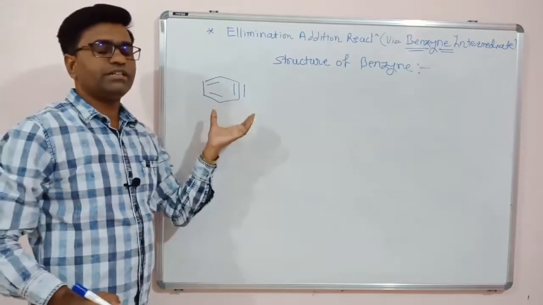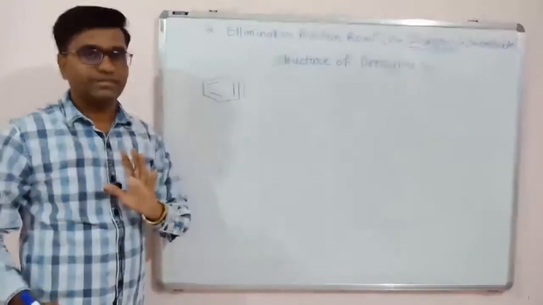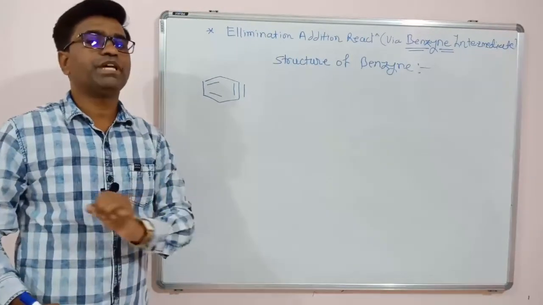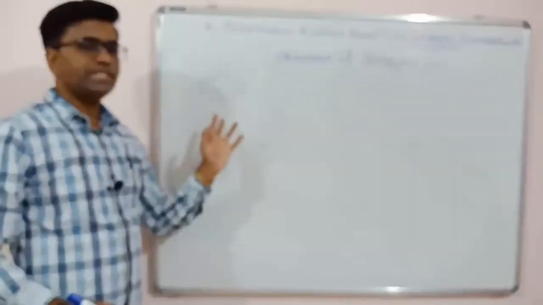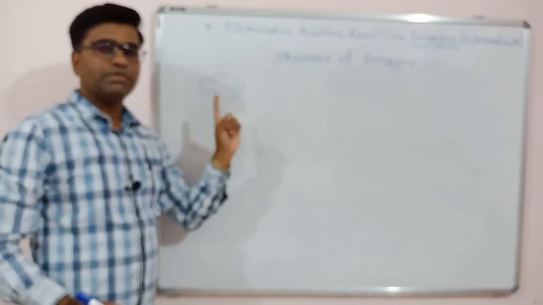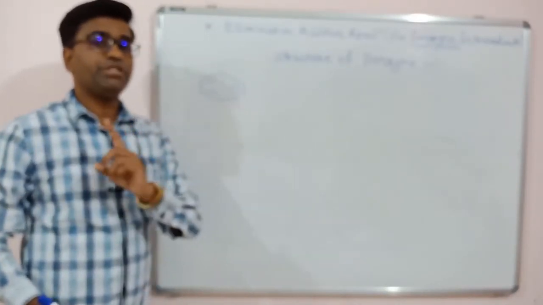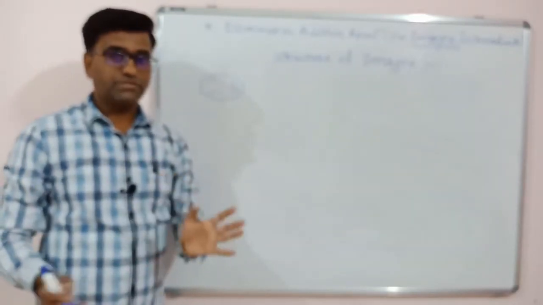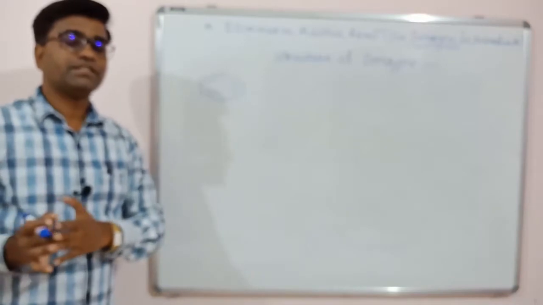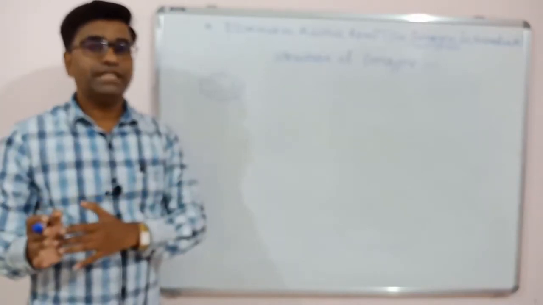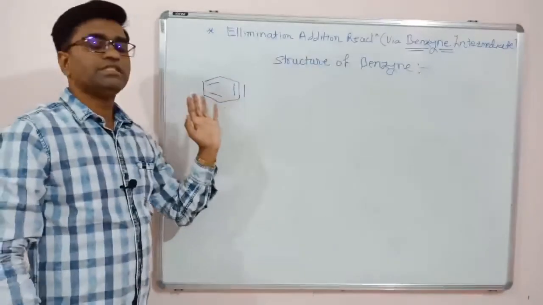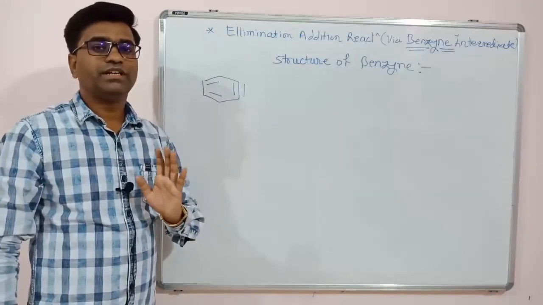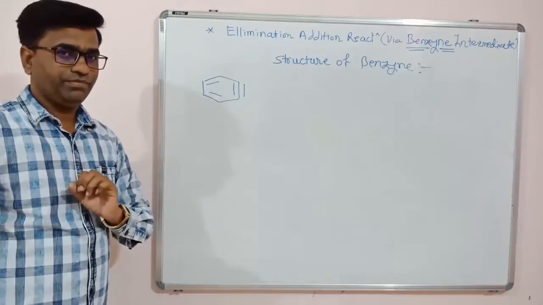This is different from a regular alkyne, because in a regular alkyne both carbons are sp hybridized, while in case of benzyne these both carbons are still sp2 hybridized. Bond angle is 120. As we know, in sp hybridization the bond angle is 180, while these carbons are sp2 hybridized, so the bond angle is 120 degrees only.